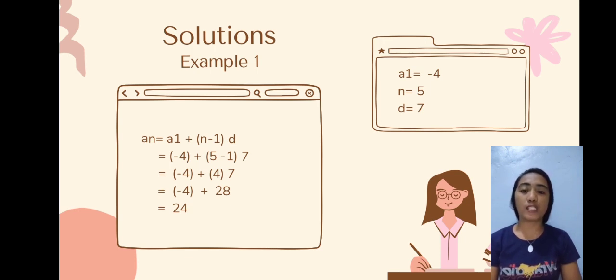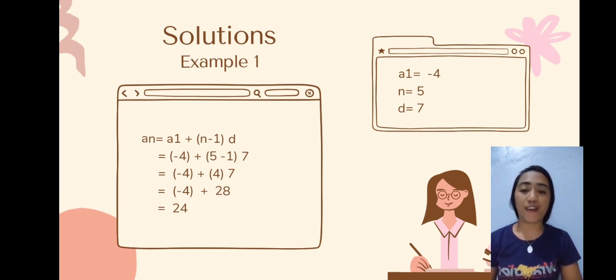So to solve this, we need to use the PEMDAS, which is parenthesis, exponent, multiplication, division, addition, and subtraction. So we will solve first the parenthesis, which is 5 minus 1 is equals to 4. So now the result will be -4 plus 4 times 7. Then next, we don't have exponent, so we will proceed to multiplication.